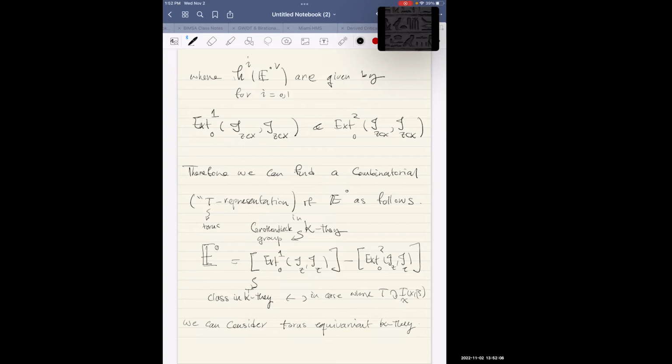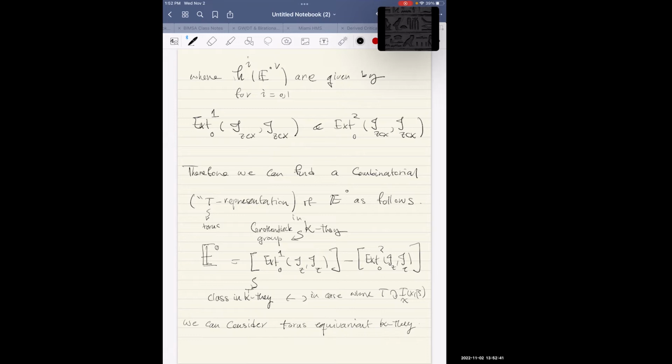Everything would be torus equivariant. Polynomials would be polynomials which are torus equivariant. Invariant really means that your polynomial is not changing by an action of a torus. Equivariant means it gets scaled by some factor of t. That's what it means, torus equivariant versus torus invariant.